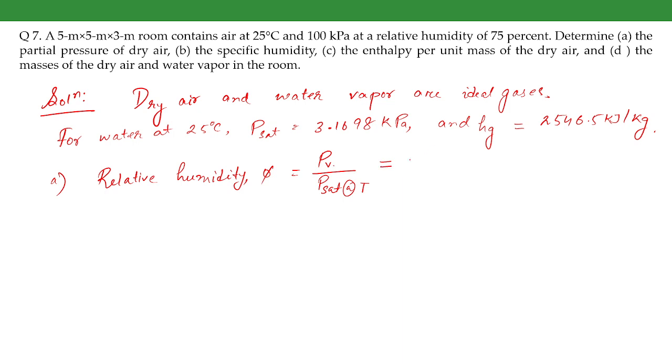So this implies the PV value will be equal to phi multiplied by the saturation pressure at 25 degrees Celsius.